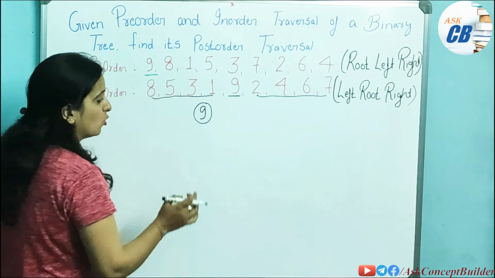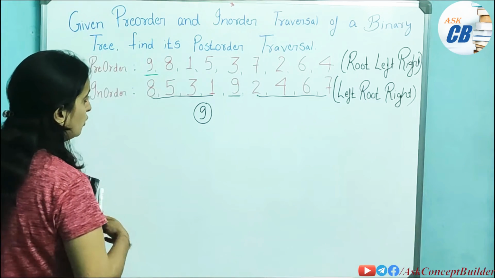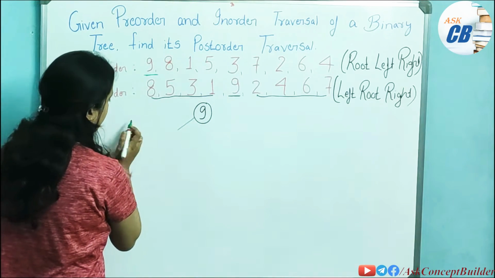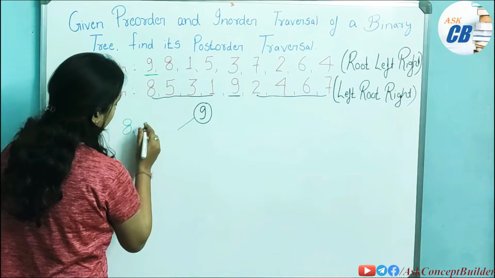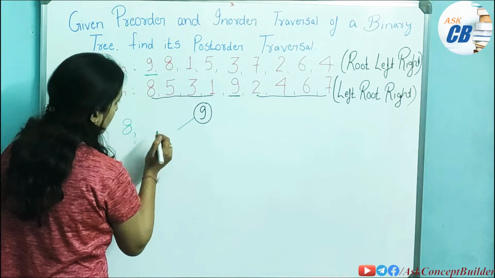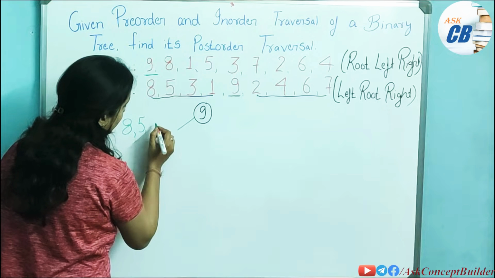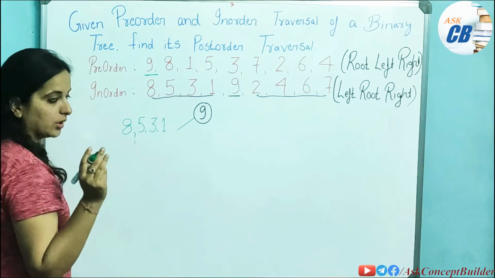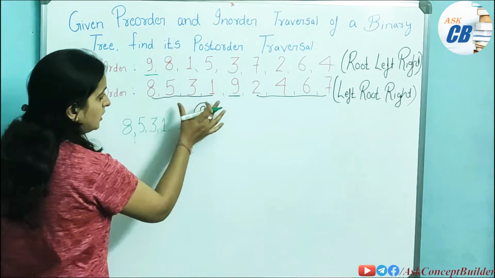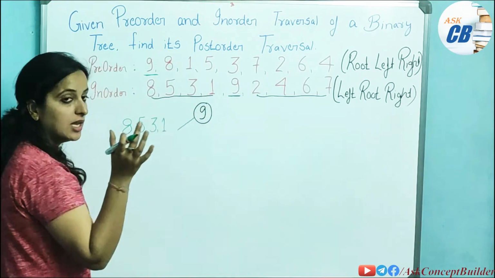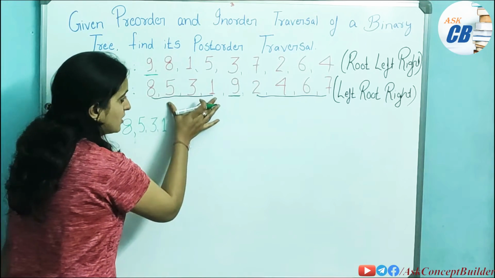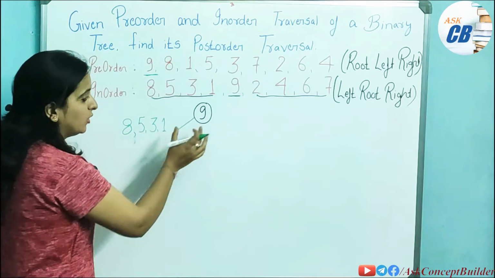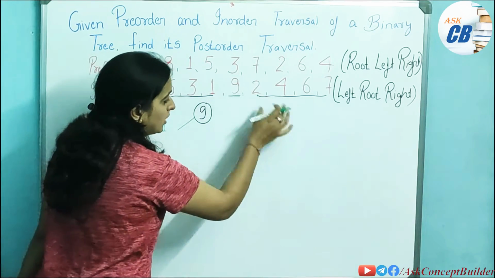So you will write all the elements on the left of 9 in its left, because now you are confirmed that these elements will come to the left of 9 only. Why? Because in in-order you traverse left first, then write the root node, and then come to the right subtree.